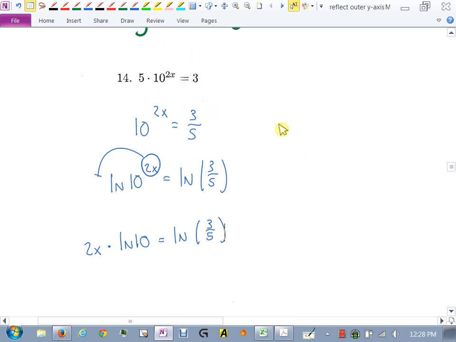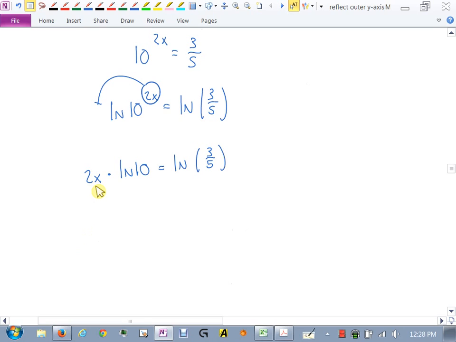Divide by 5. Take natural log on both sides. Drop the 2x out front. Trying to get x by itself here, I'm going to divide both sides by 2 and natural log 10. So x is equal to natural log 3/5 over the 2 and the natural log 10 that I need to figure out on my calculator. I'll do all that and give you the answer. That way you know what it is.